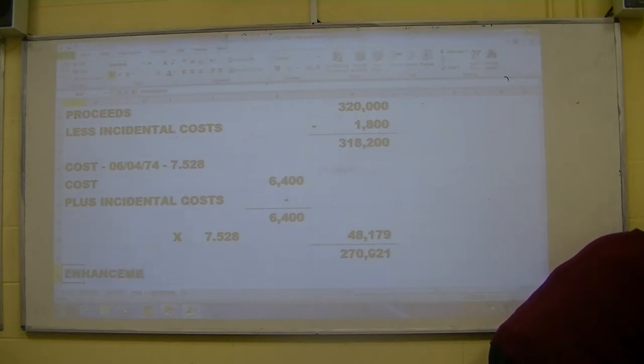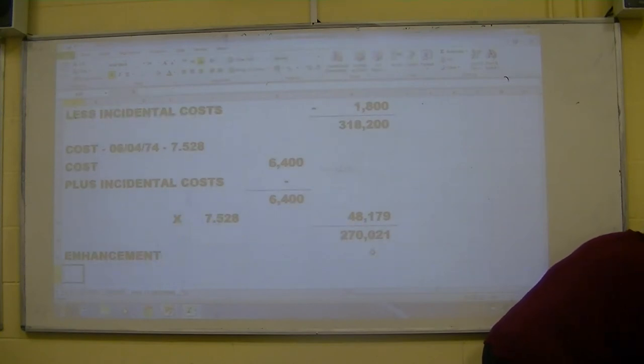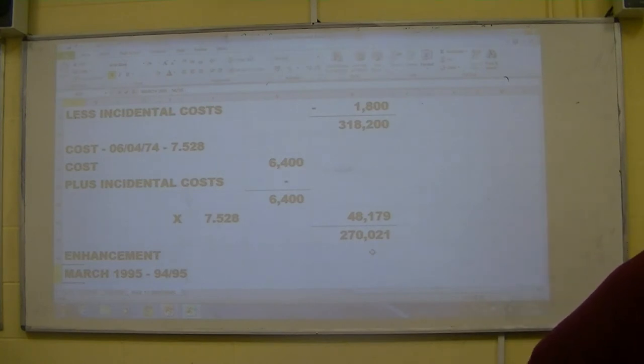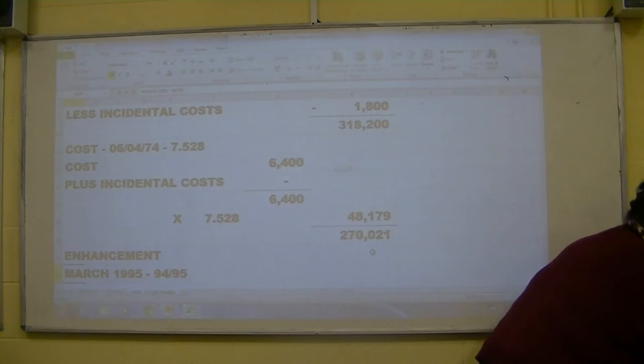We also now have enhancement in March 95. That falls into April 95, doesn't it? Which is 1.309.